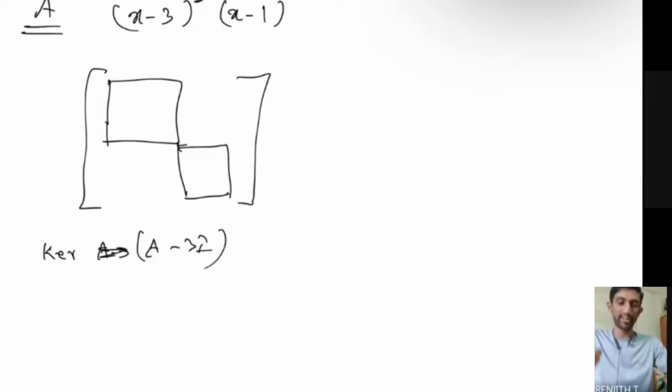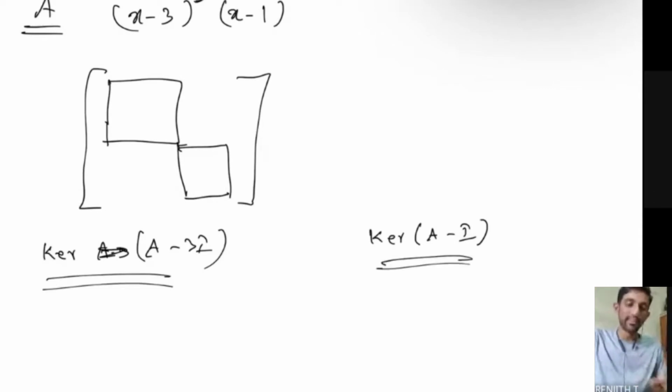You will have enough eigenvectors corresponding to 3. And you consider the kernel of A minus I. If it has dimension 2, then that part is also diagonalizable. If you have that, then it is done.